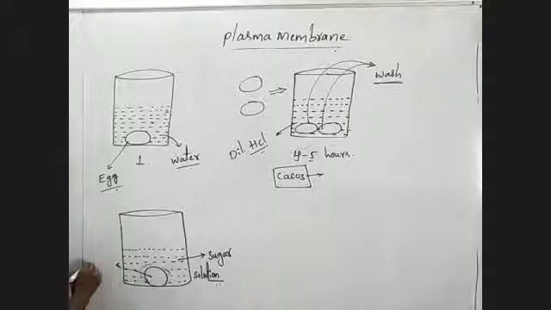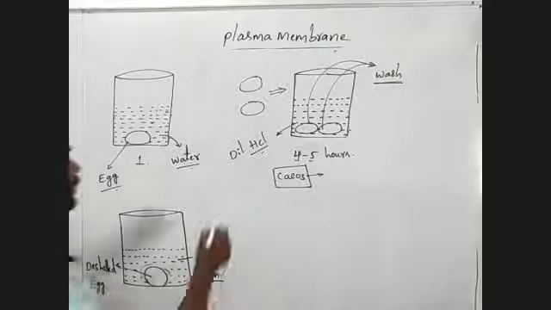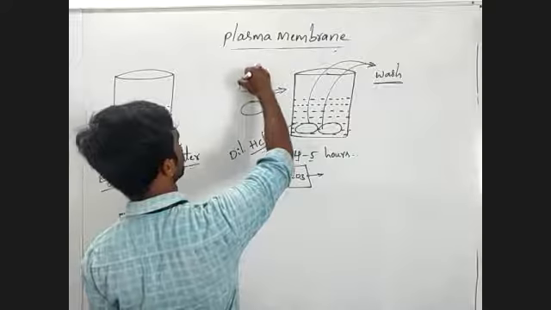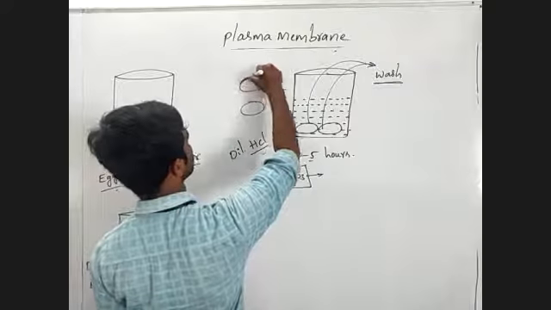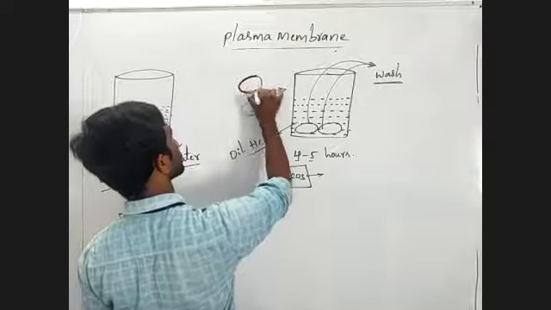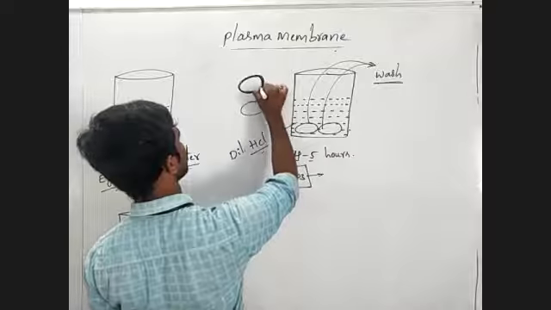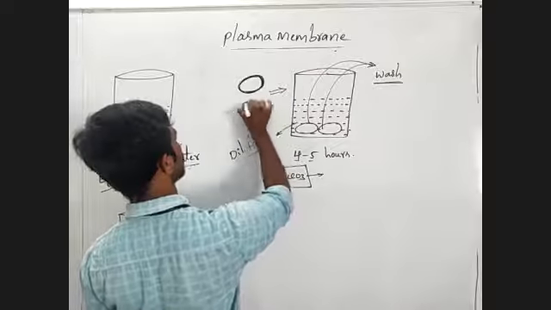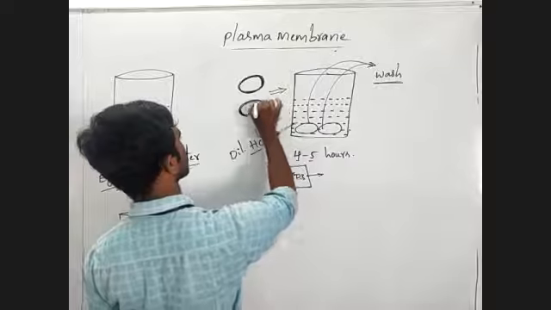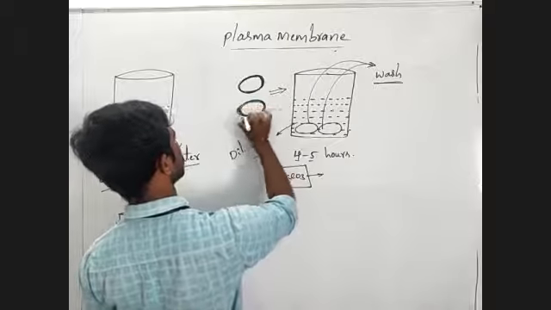This is a de-shelled egg, meaning without shell. Actually, on the outer surface of the egg, a white colored shell is present.